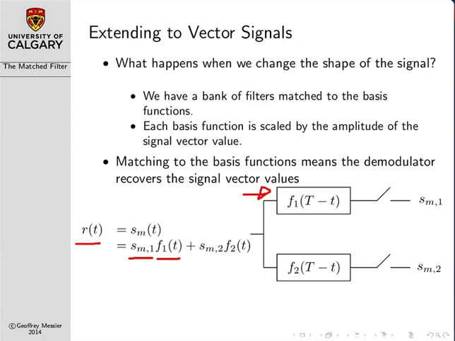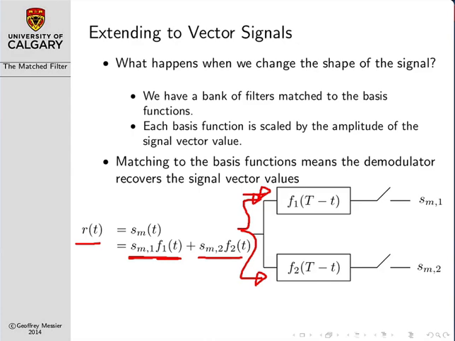But as I've drawn this diagram, you'll notice that basically r of t is split and is fed into both of these branches. And so it's not just s_m1 times f1 that's going into the upper branch. The second basis function is going into the upper branch as well.